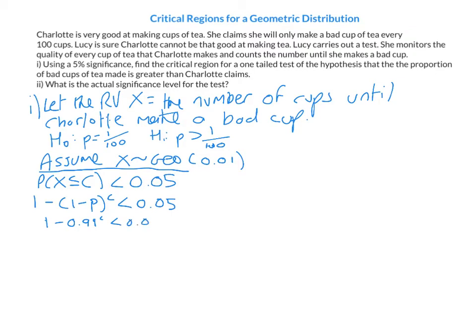It's got to be less than 0.05. We rearrange this a bit and I get 0.99^c has got to be greater than 0.05. Just some simple manipulation, moving the 0.99^c to the right so it becomes positive, and the 0.05 to the left.